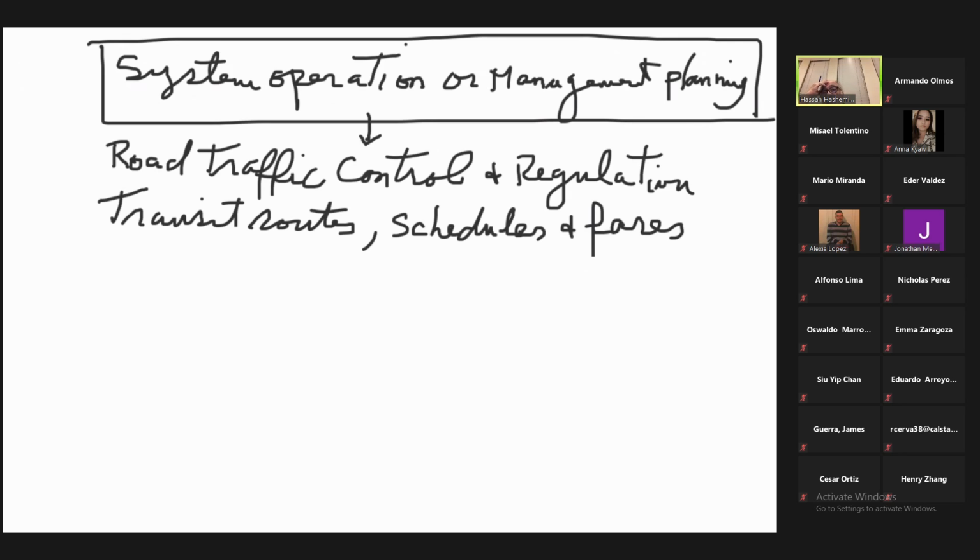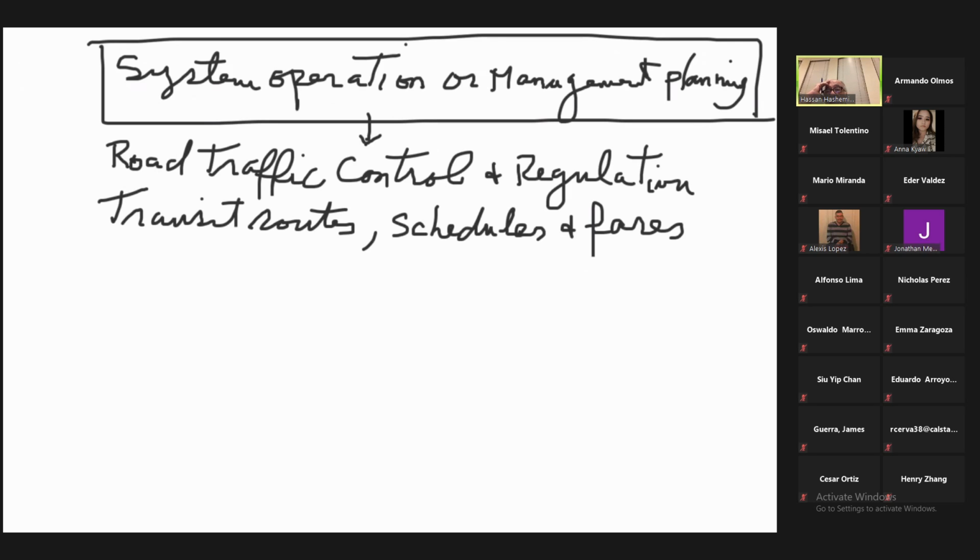For instance, we have highway operation. The highway operation includes all the message signs that you put, that you see every day. That's part of the operation. The freeway operation is that we are watching the freeway, as I mentioned before, with the cameras that we have all the time. Make sure that the traffic is going smoothly.